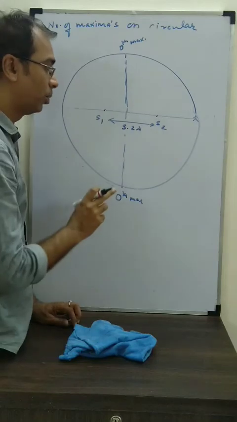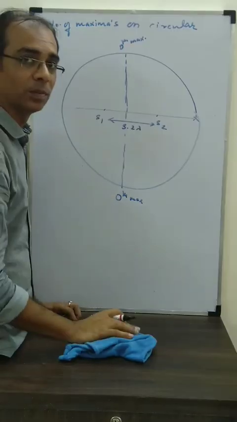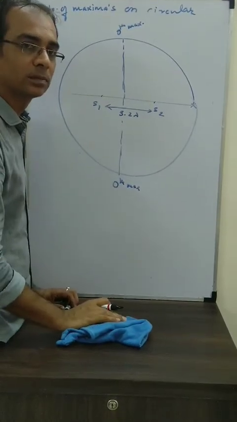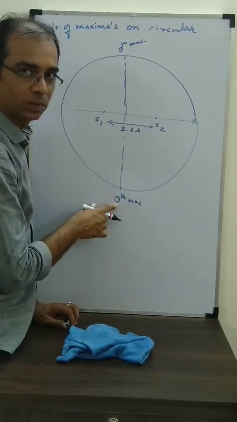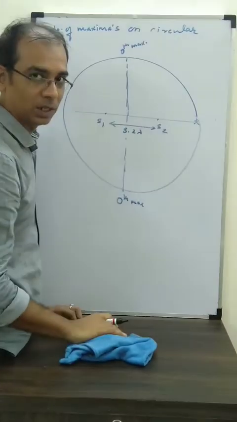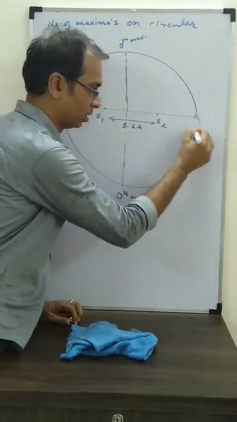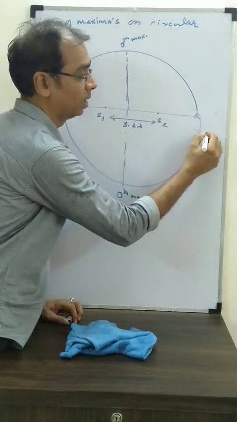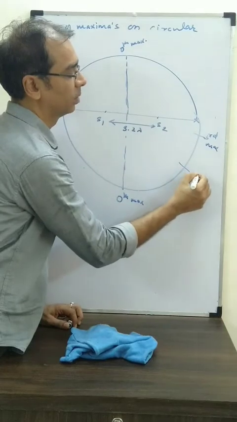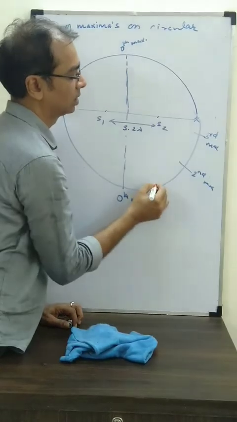So will it be 3 lambda at any point? Because here the path difference is 0 and here the path difference is 3.2 lambda. So in between it will be 3 lambda somewhere. That is yes. So we can say here is the third maximum. Then somewhere here will be the second maximum. Here somewhere will be the first maximum.